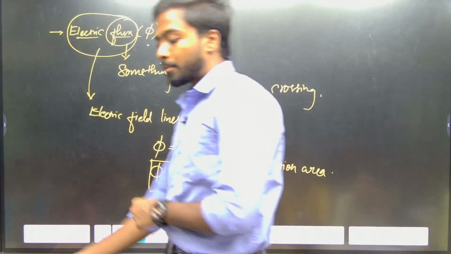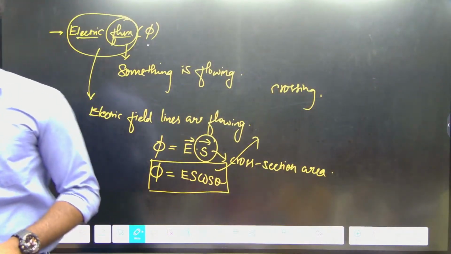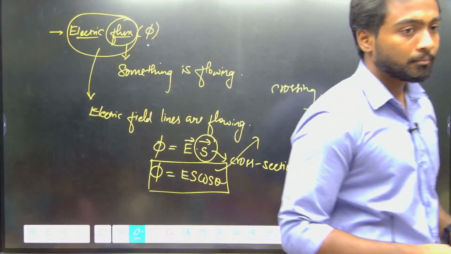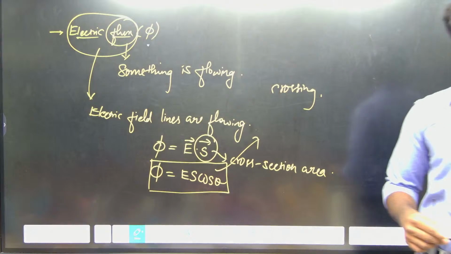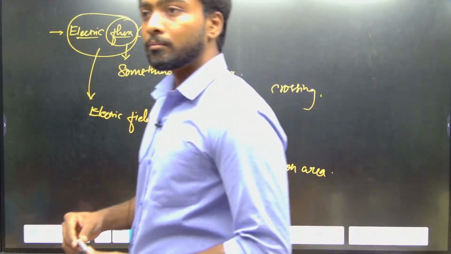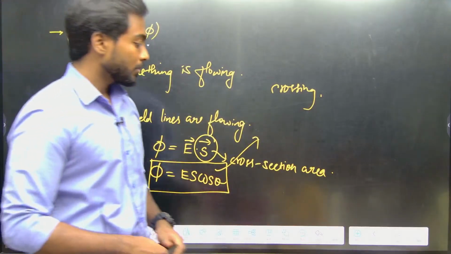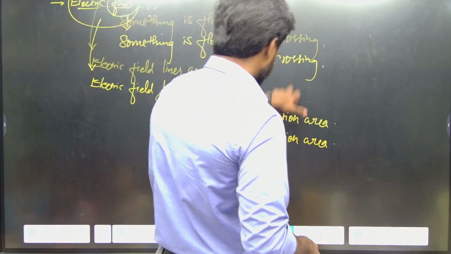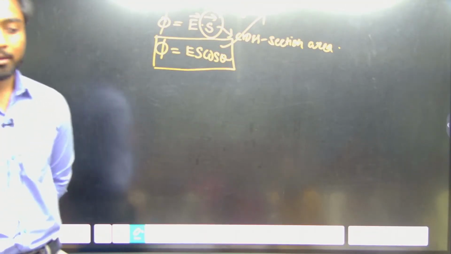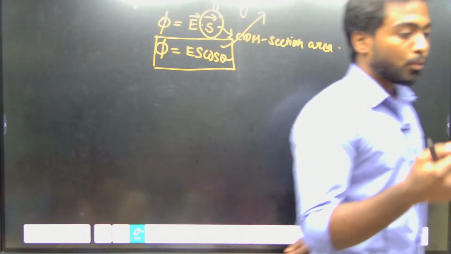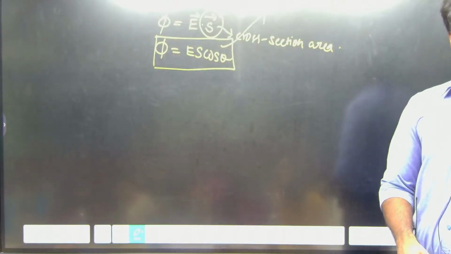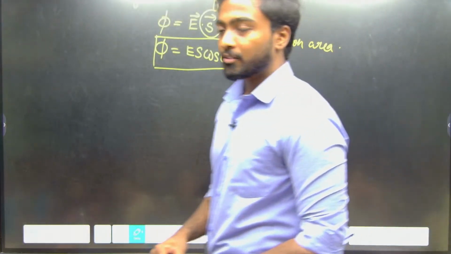Write down the next subheading: non-uniform electric field. For non-uniform electric field, the formula is like what we have learned about uniform force and non-uniform force, like the formula in work done. W is equal to F dot S or else Fs cos theta.